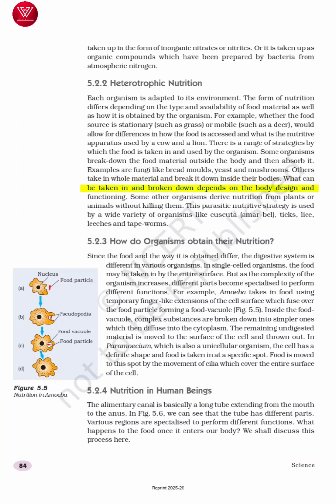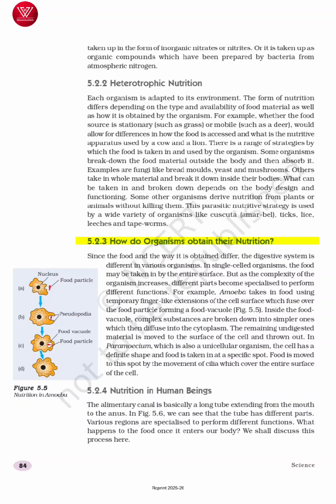What can be taken in and broken down depends on the body design and functioning. Some other organisms derive nutrition from plants or animals without killing them. This parasitic nutritive strategy is used by a wide variety of organisms like cuscuta, amarbel, ticks, lice, leeches, and tapeworms.